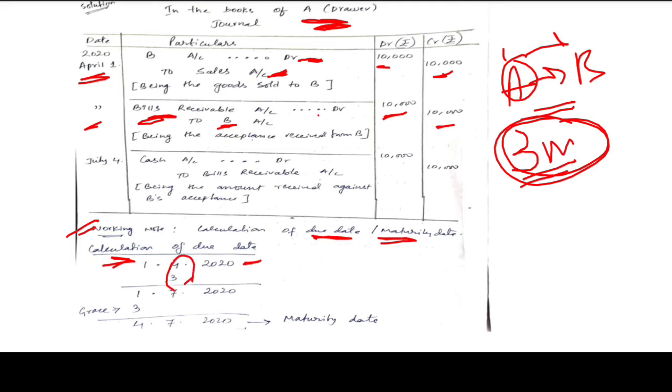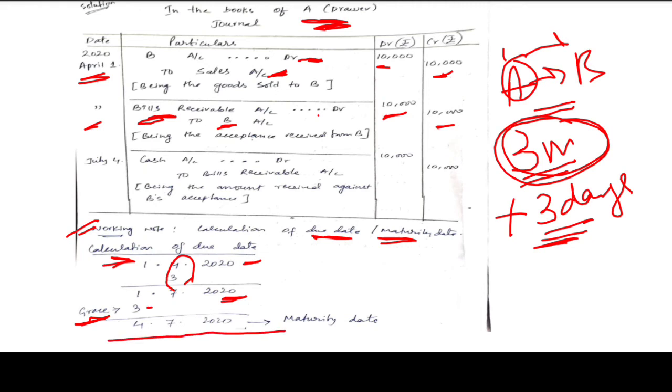So 4 plus 3 is 7, 2020. One more thing we need to do is add the grace period. After 3 months, always 3 days extra are given. That is called grace period. So in the day column, we will add 3. What is the maturity date now? 1 plus 3 is 4, 4, 7, 2020. That is 4th July 2020.